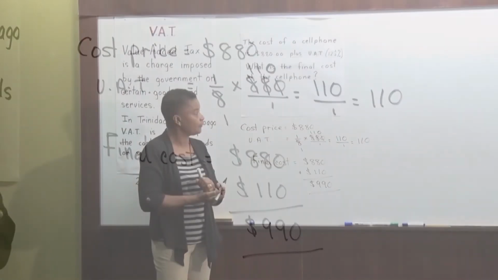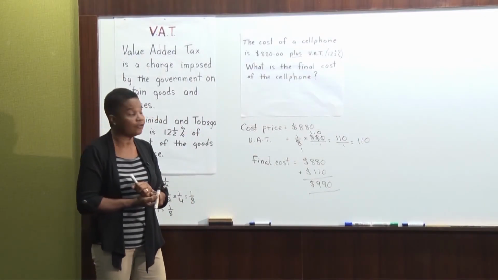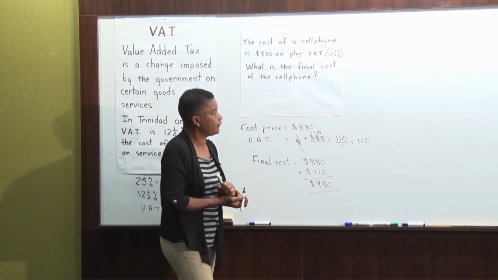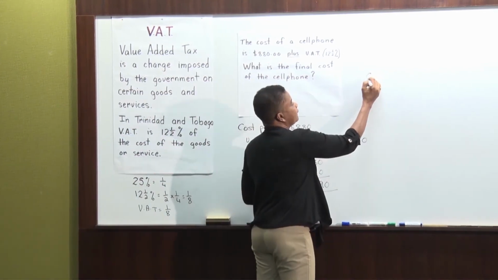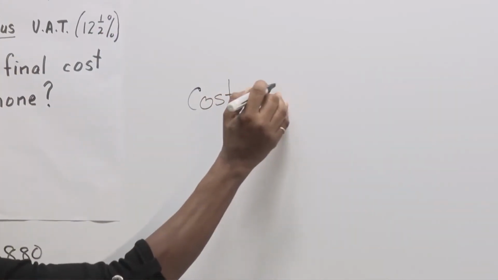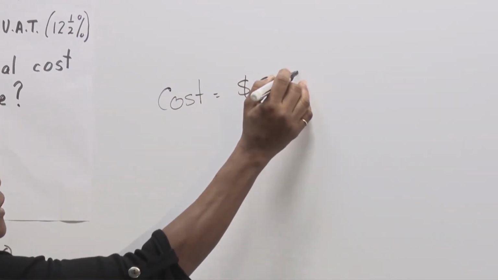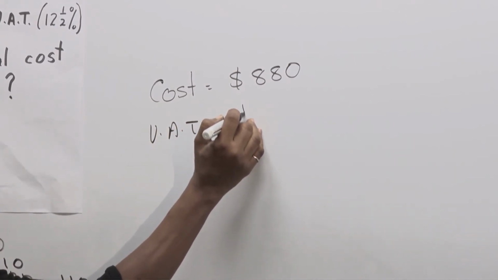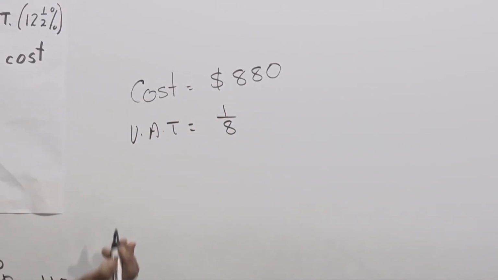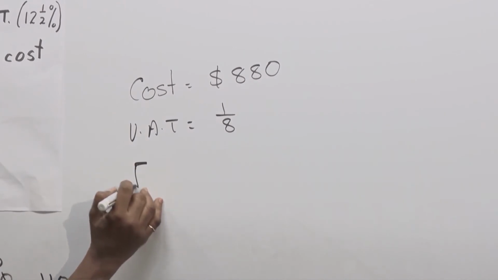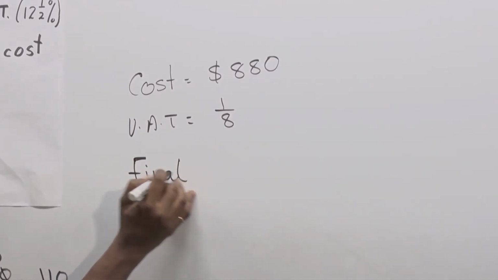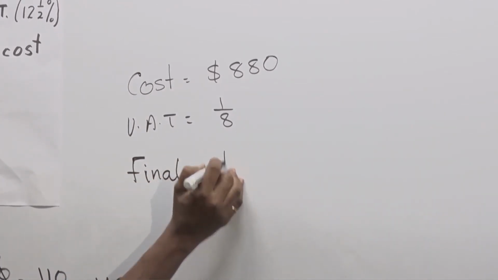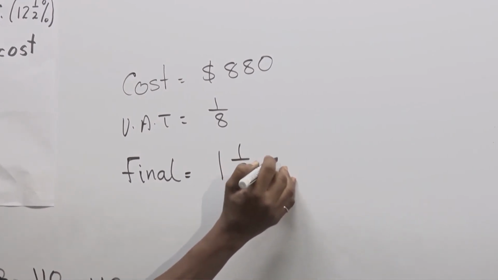But boys and girls, do you know that there's another way to do the same sum? Let's see. If the cost of the cell phone is $880 and the value added tax is 1/8, then we can say that the final price would be 1 1/8 of the cost.